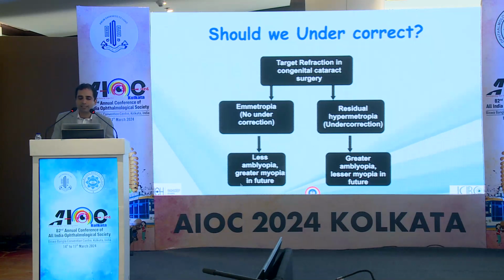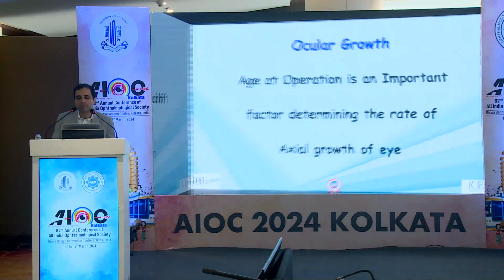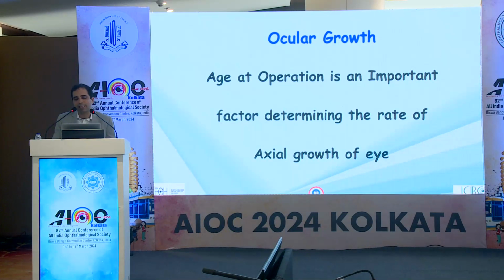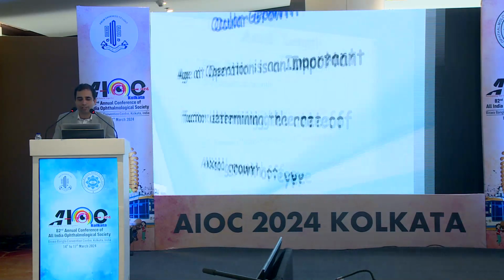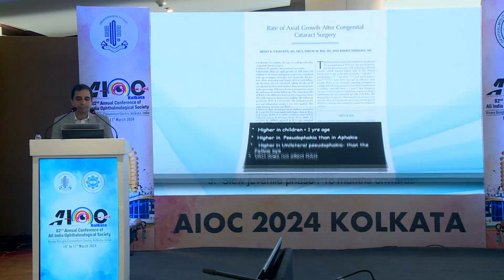So the general consensus is to undercorrect, and how much to undercorrect for that age is a very important factor determining the rate of the axial length. And the maximum phase of axial length growth occurs in the very early phases, which means less than 1.5 to 2 years is the time when the axial length grows the most.